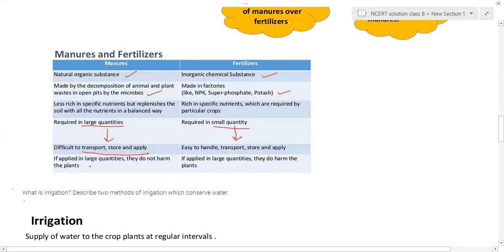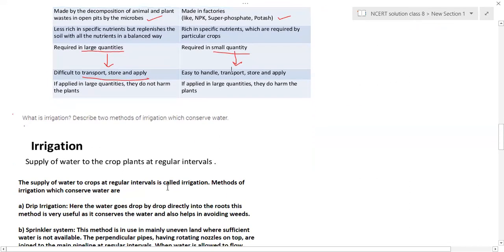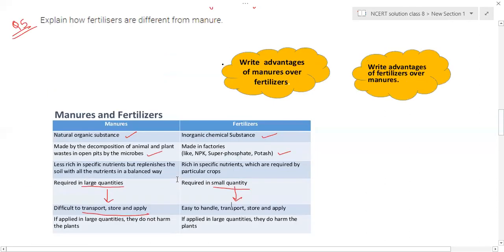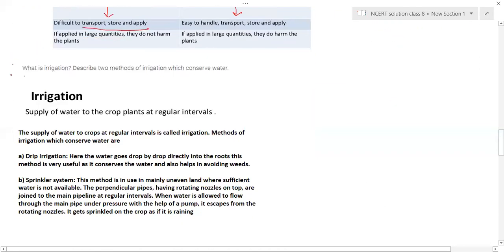We also need manures in large quantities, but they do not harm the plant even if you apply them in large quantities. Fertilizers, on the other hand, if you apply them in large quantities, will harm the plant.